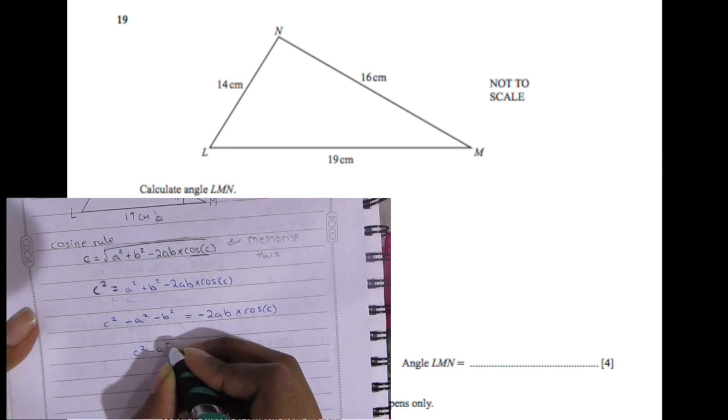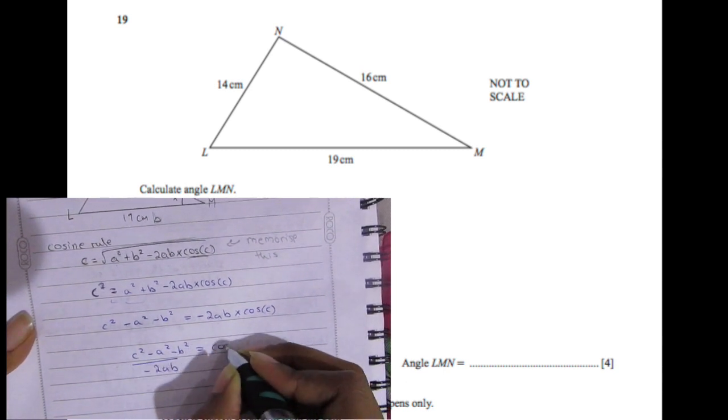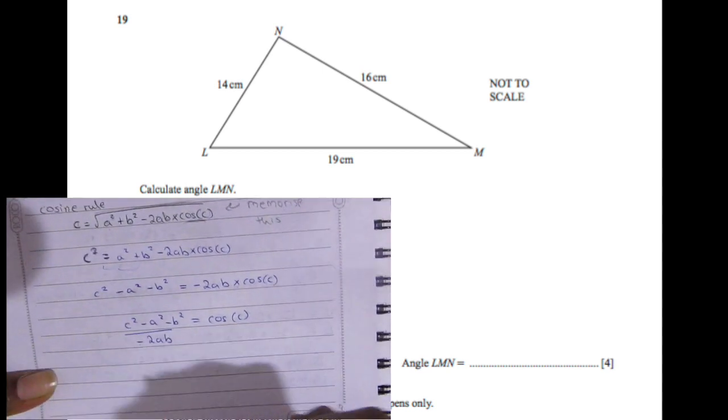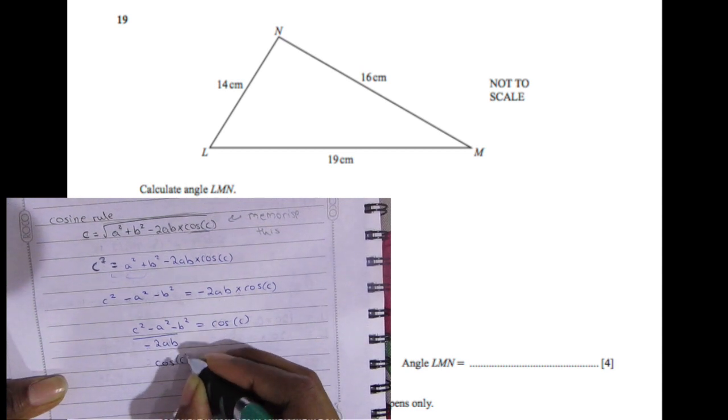So C squared minus A squared minus B squared over negative 2AB gives you cosine C. Move the cosine to the other side, it becomes cosine inverse. So C is equal to cosine inverse of C squared minus A squared minus B squared over negative 2AB.